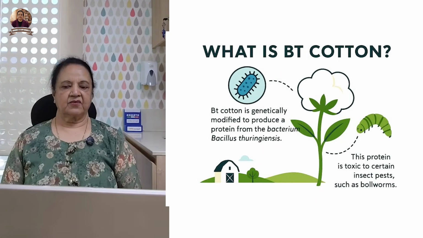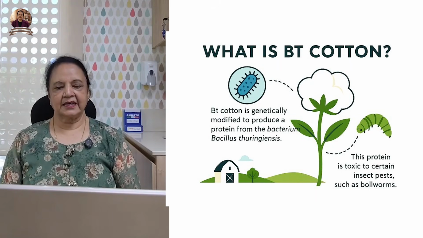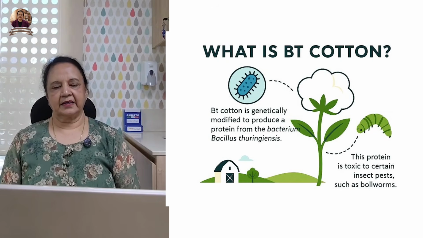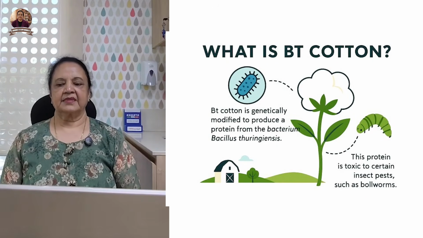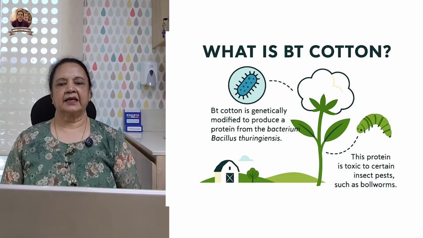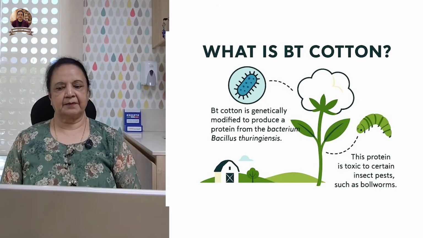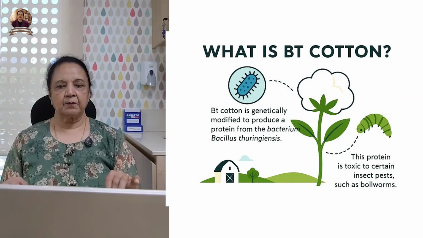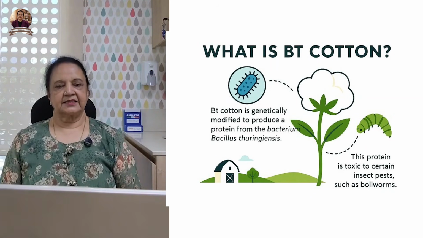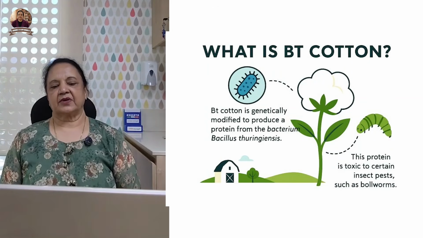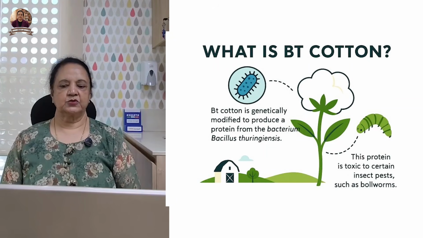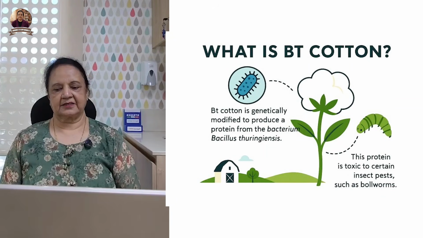The alkaline environment of the insect's gut activates the protoxin, converting it into the active toxic form. The active toxin binds to specific receptors on the lining of the insect's gut epithelium, creating pores in it. This causes cell lysis and swelling, disrupting the gut and leading to paralysis and eventually the death of the insect.